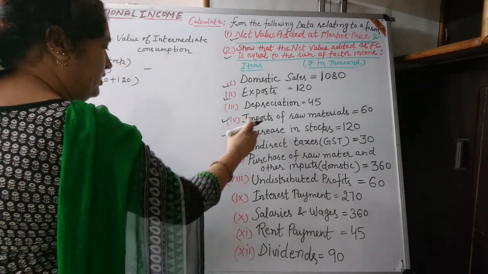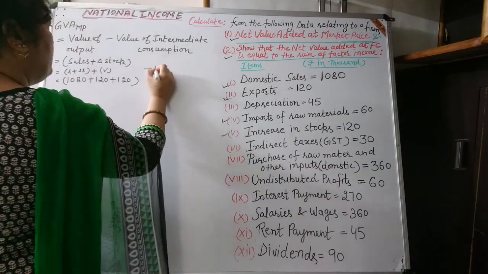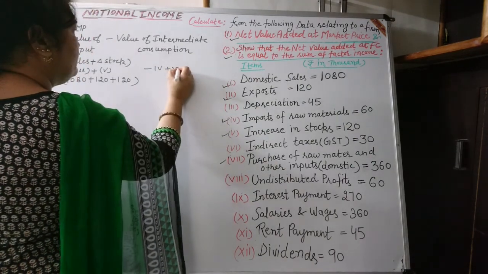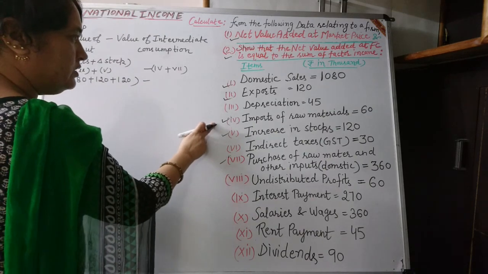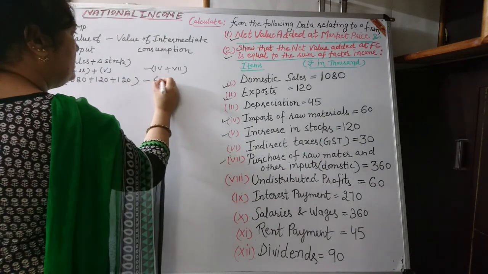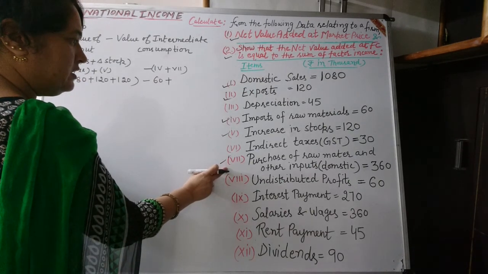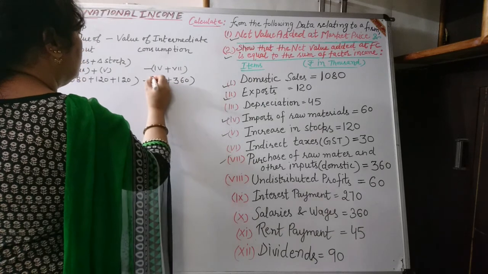Intermediate consumption is not given directly, and its components are item number 4 plus item number 7: import of raw material 60 plus purchase of raw material and other inputs, which is 360.